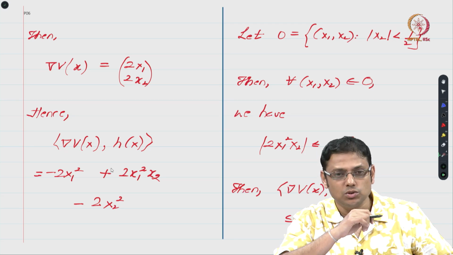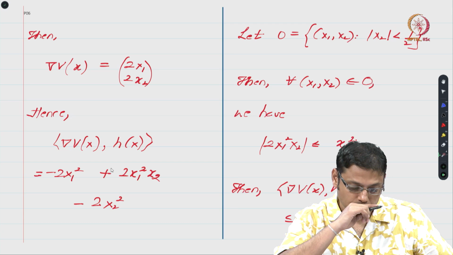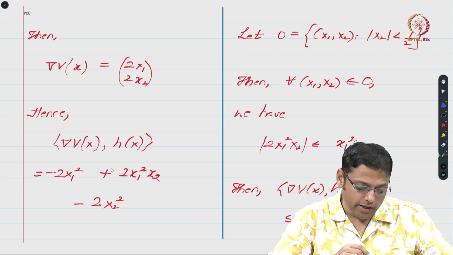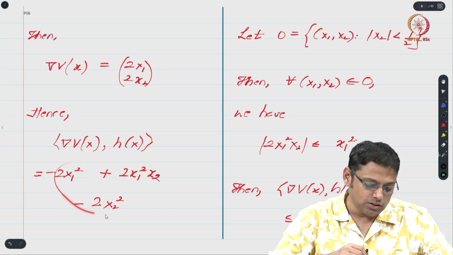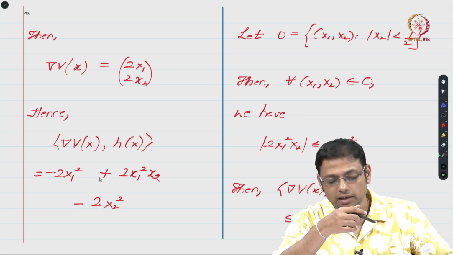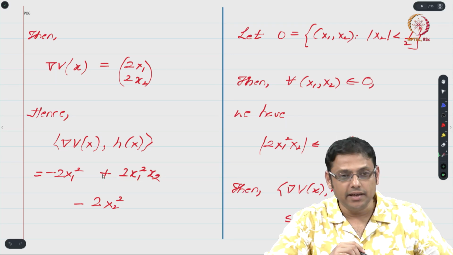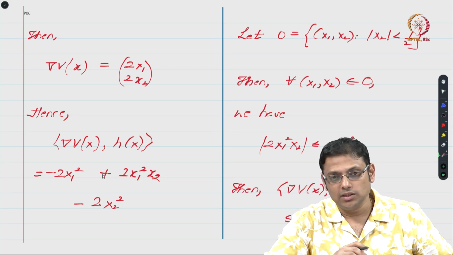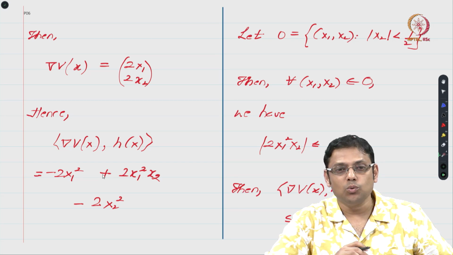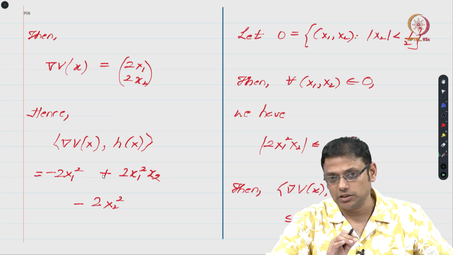So this is very easy to check, you can do it on your own. Now if this term was not there, then this whole term would have been negative. However, since this term is there, sometimes this term can become positive, which will violate the condition that is required under the definition of a Lyapunov function.